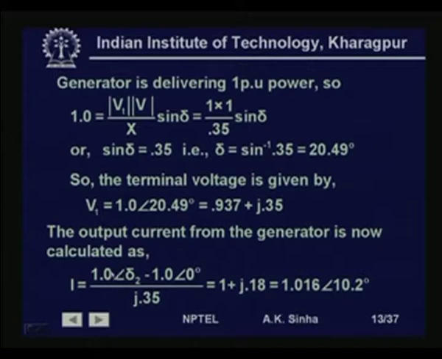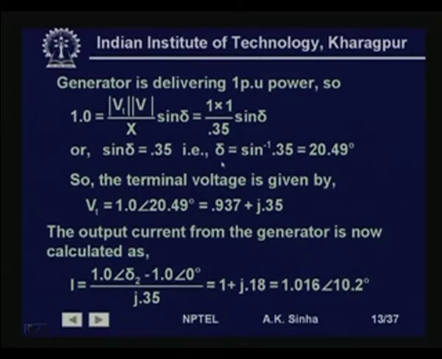The output current from the generator is equal to 1 angle delta 2, which is this angle, minus 1 angle 0, which is the voltage at the infinite bus, divided by the reactance between the two. So, this is equal to 1 plus j 0.18. This comes out to be 1.016 with an angle of 10.2 degrees.